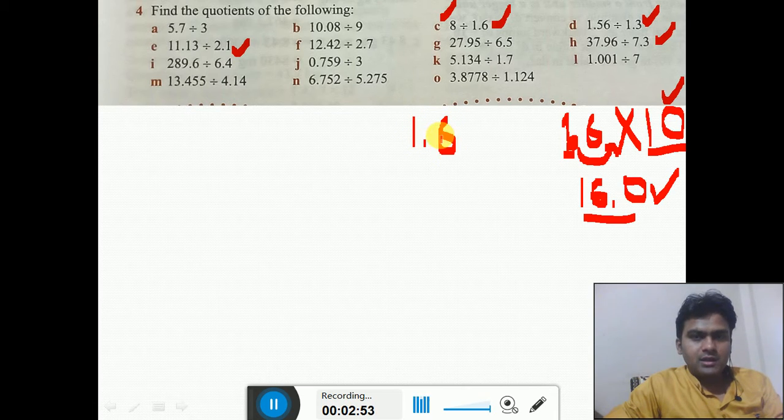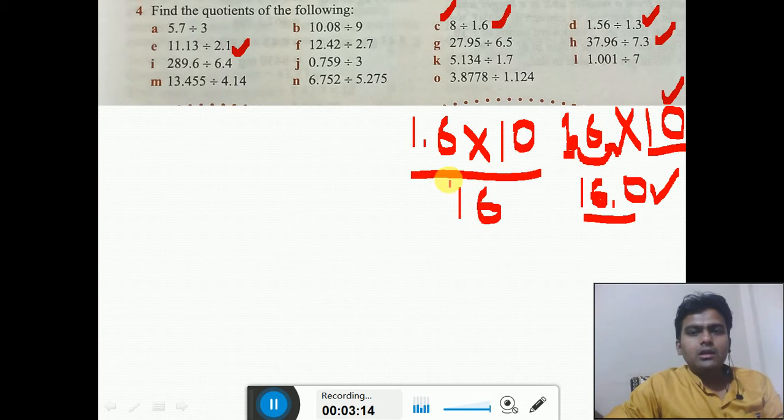So again I am showing you. 1.6 is the number. Make it a whole number. What we have to do: if we multiply this number 1.6 by 10, it will be equal to 16.